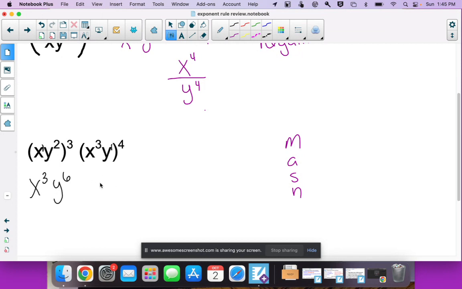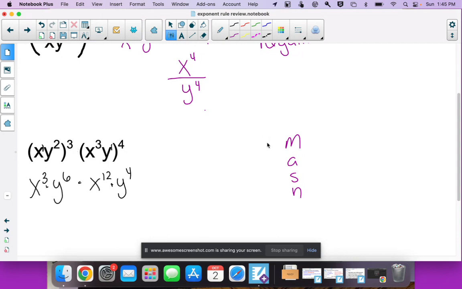And then the second one is going to be x to the 12th, y to the 4th. And remember, these are all being multiplied. If you have two parentheses next to each other, that automatically implies multiplication. And if you have two variables next to each other with nothing in between, that also automatically means multiplication.